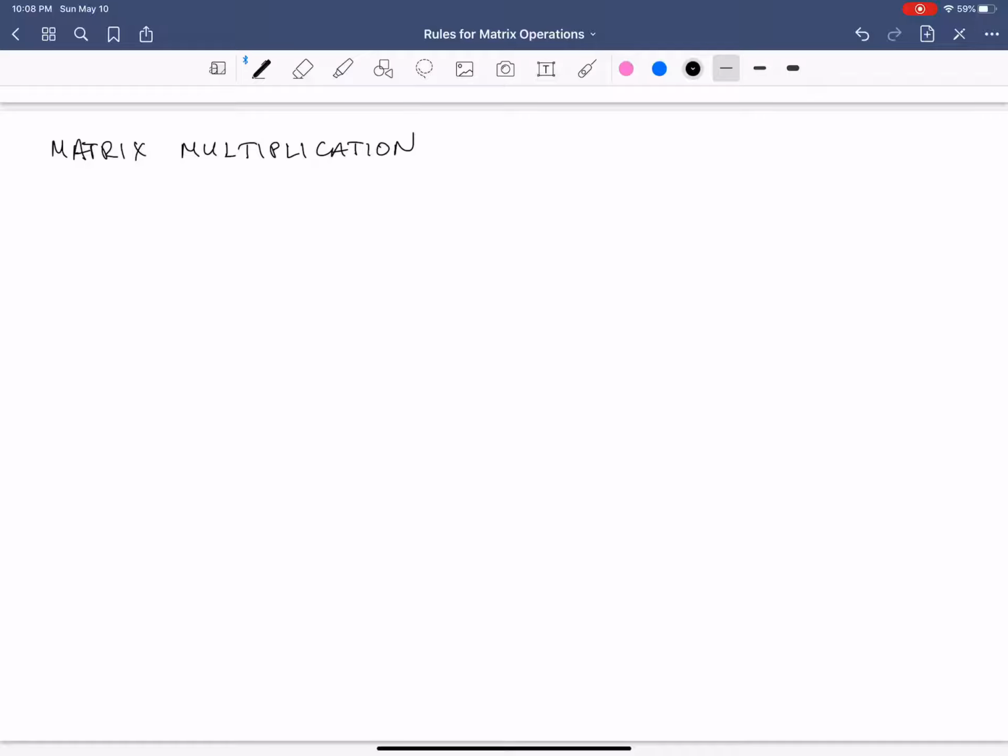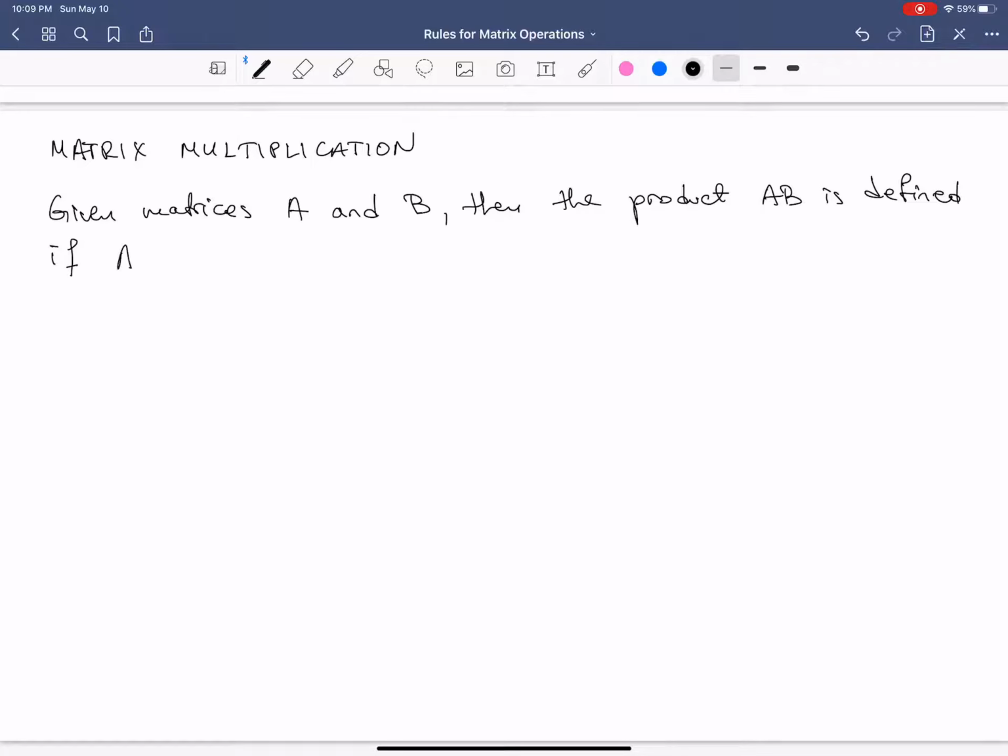So let's say we have matrices A and B. Then the product AB is defined if A has n columns, for example, and B has n rows.